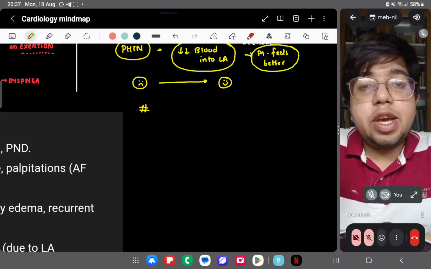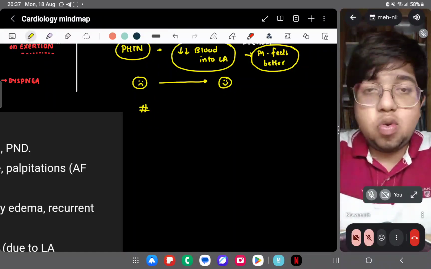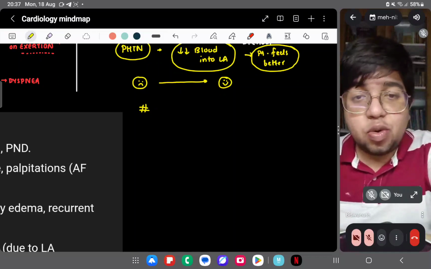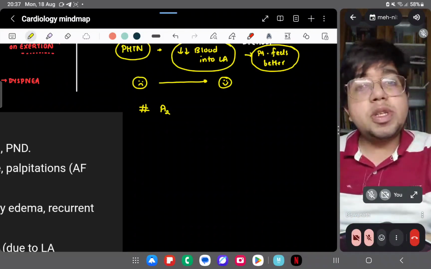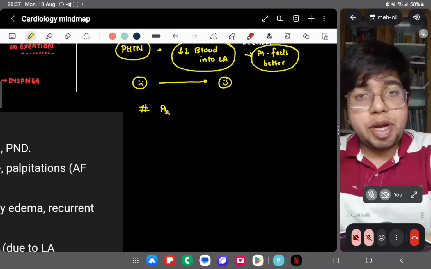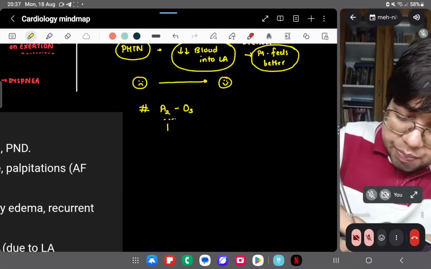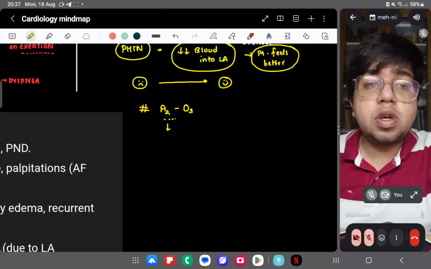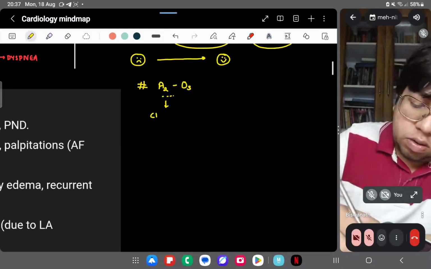I was telling you that there is something called A2OS. What is this A2OS? I'm sure you must know about the heart sounds A2 and P2. A2 means the closure of the semilunar valves, the aortic valve.